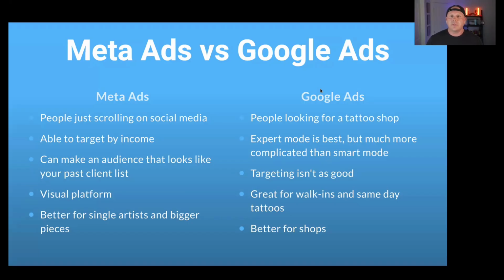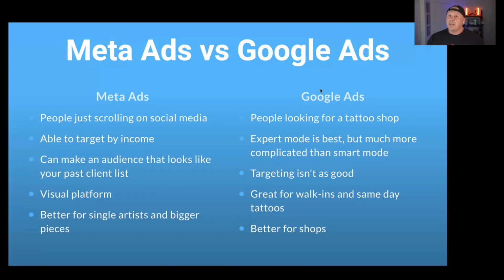So if you're trying to get rid of tire kickers, or people that are essentially in that lower income bracket. Like we work with a lot of solo artists, for example, we have one in California. His minimum is $4,000. We're going to show his ads to that top 5% income range that are tattooed, that enjoy sports like golf and stuff like that, because we know they can afford this stuff.